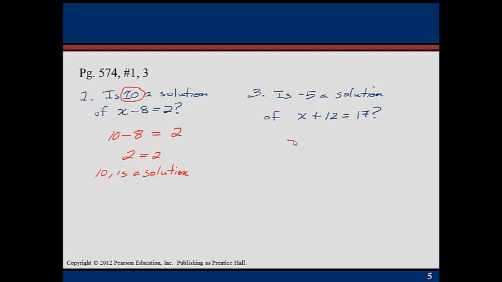So now it's going to say negative 5 plus 12. And remember, keep everything else the same. And now we're going to work it out. Negative 5 plus 12, well, that is 7. Does 7 equal 17? The answer should be no. Therefore, no, negative 5 is not a solution.